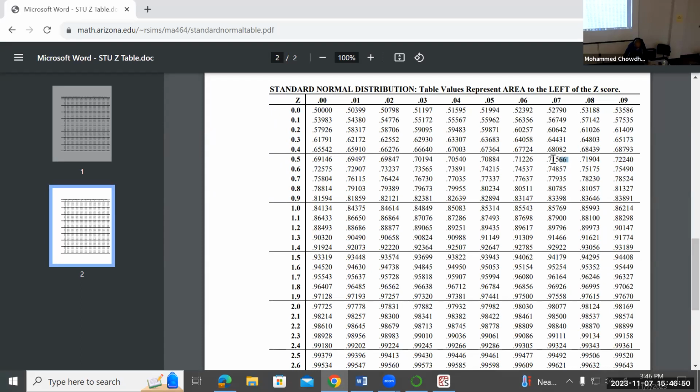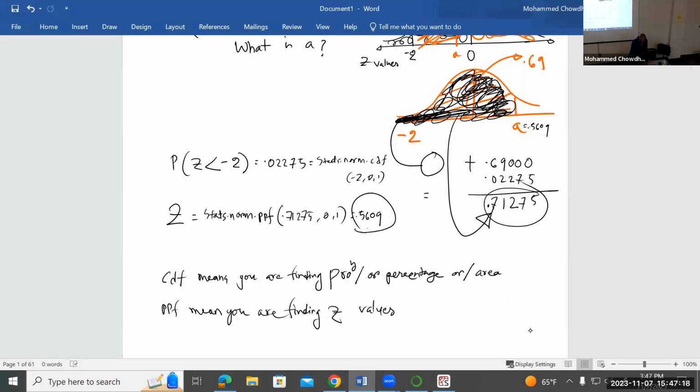So this is the closest value. Now I am looking inside the table, and this is the closest one. Corresponding to that, our Z value is 0.56, right? So take a look at that.